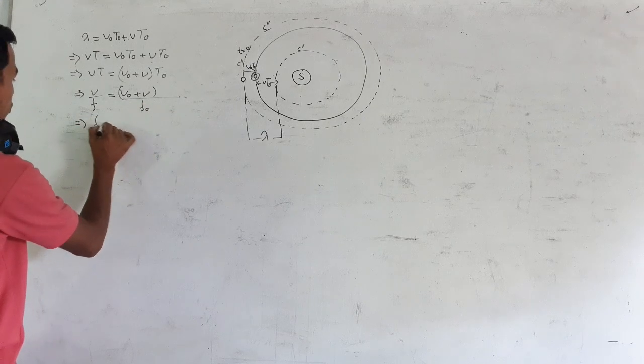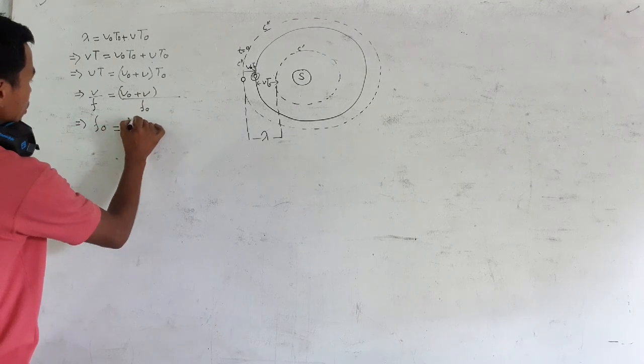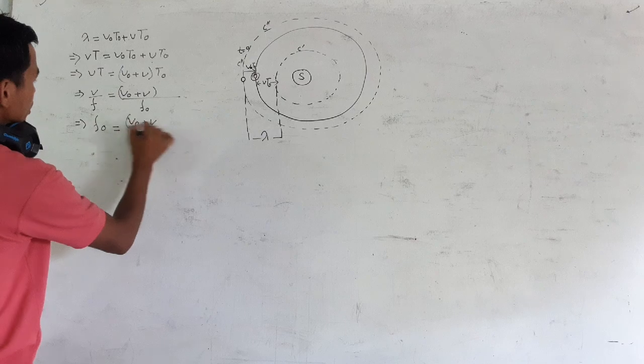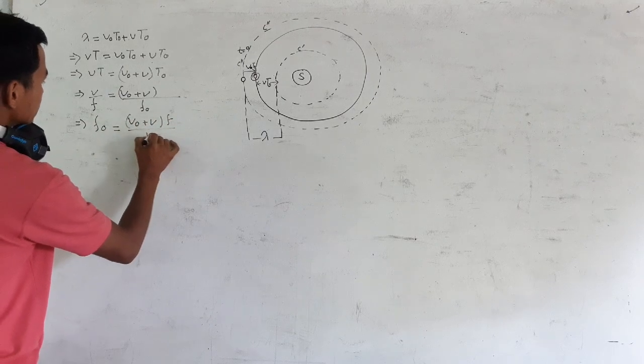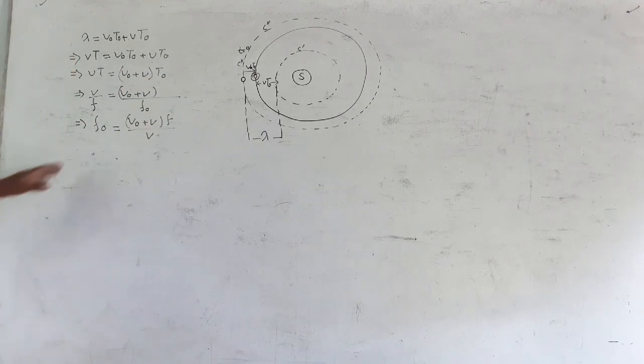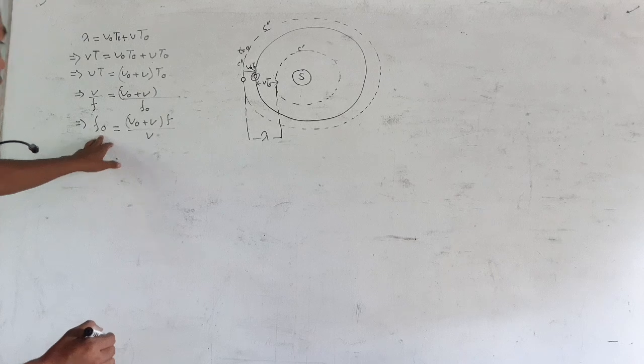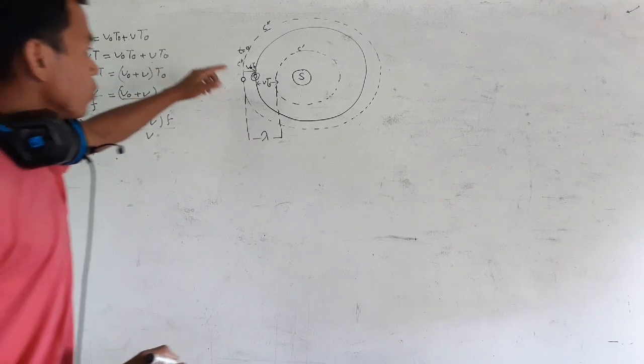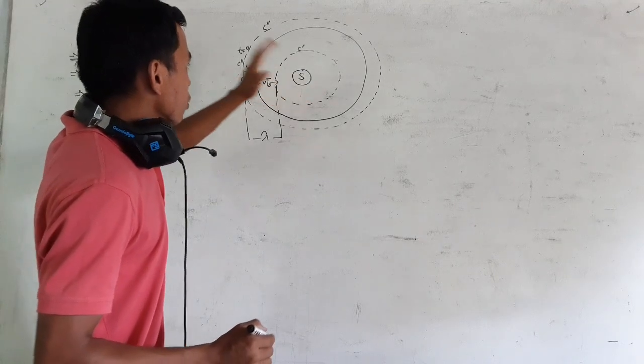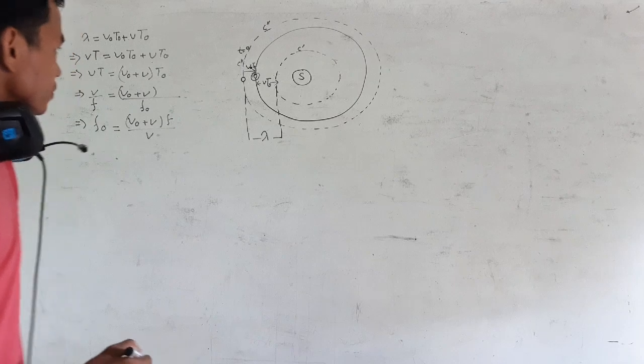Therefore, observed frequency is equal to (v naught plus v) into f divided by v. Okay, this is the relation between the observed frequency and the actual frequency when the observer is moving towards the source with the speed v naught.